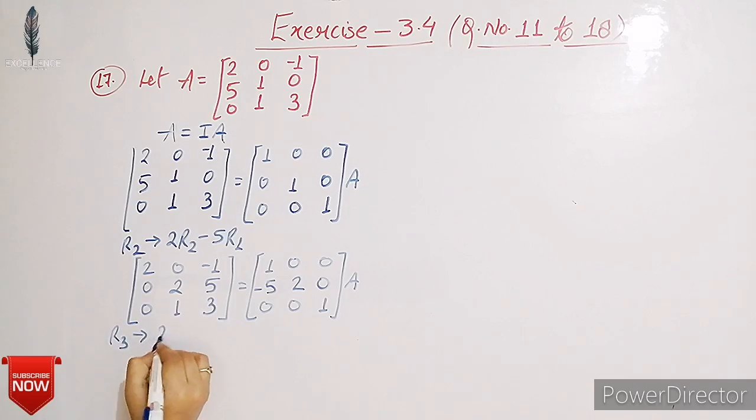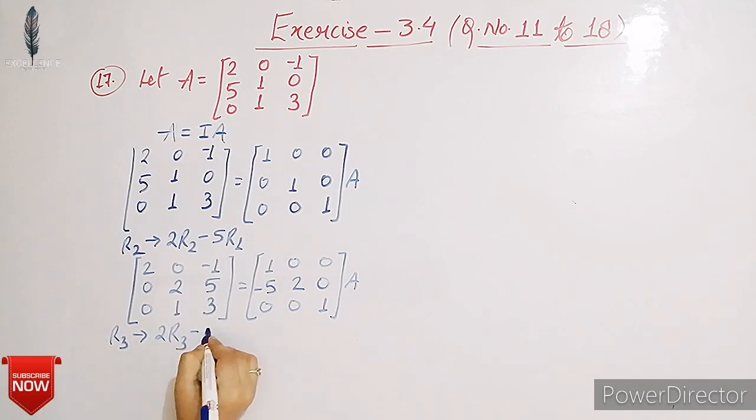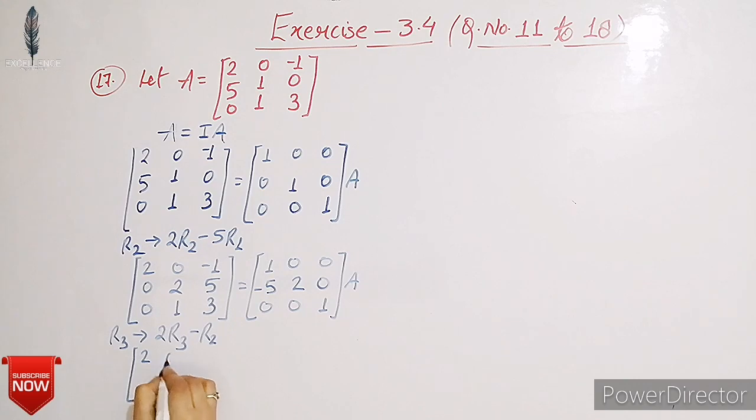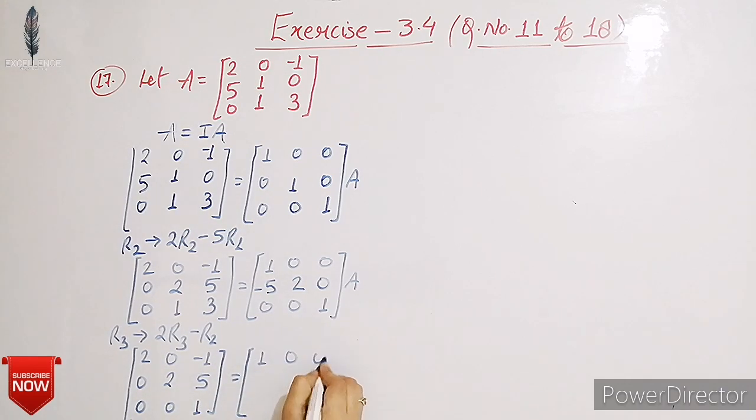R3 changes to 2 R3 minus R2. Then R1 is the same, that is 2 0 minus 1, R2 is also the same, that is 0 2 5, and R3 becomes 0 0 1, equal to R1 and R2 the same and R3 becomes 5 minus 2 2.